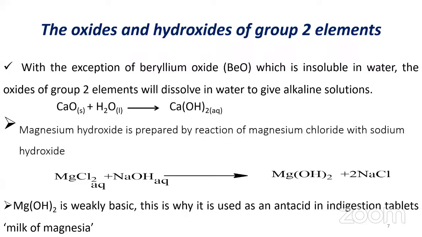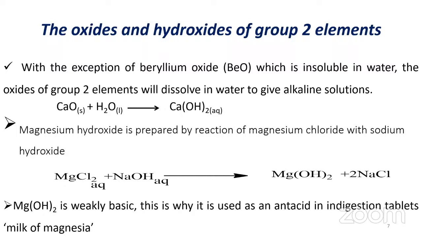So we'll look at the oxide and the hydroxide of your group 2 elements. For the oxides, of course, I told you that formation of hydroxide can be when you react the metal with water or when you react the oxide with water. So reaction of your oxide with water will give you the hydroxide.